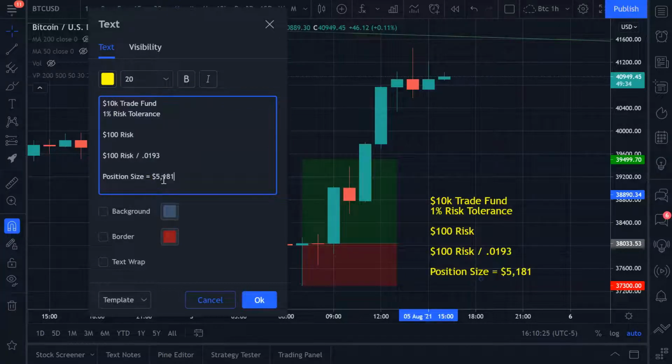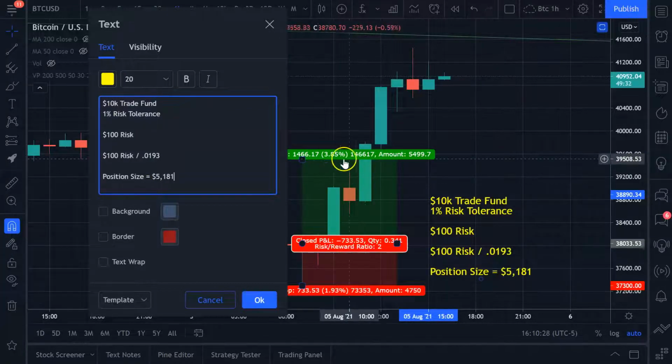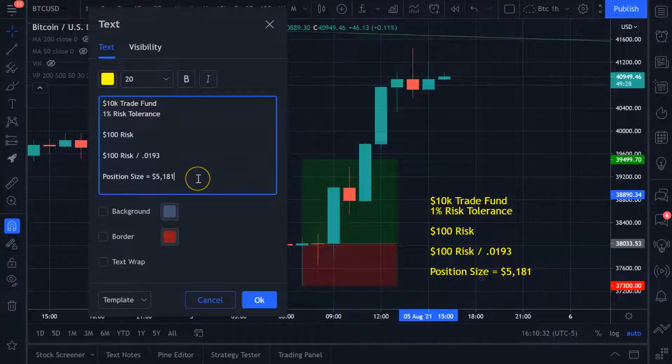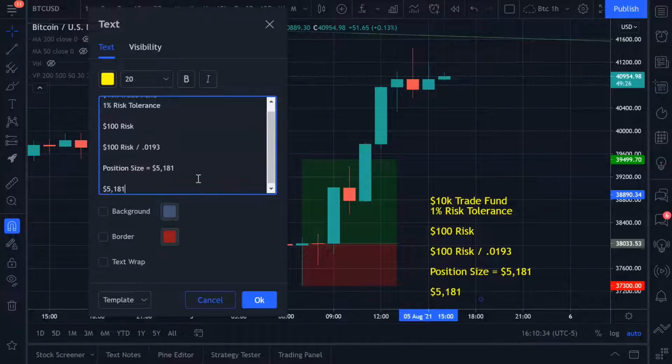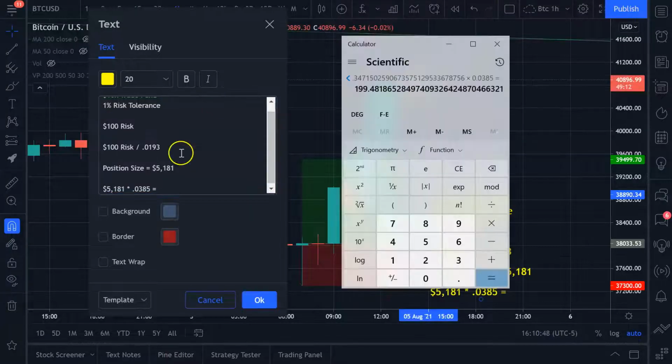And of course, if you closed it right at profit target, 3.85%. So 5181 times, and we're not going to worry about fees in this example. Of course, fees matter and you should always pay attention to them, but for easy math, $199.